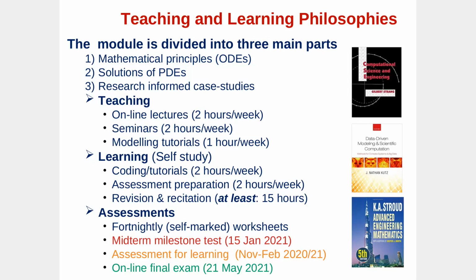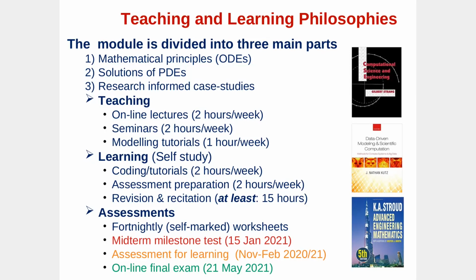Additionally, there'll be self-study, coding and tutorials will be required about 2 hours a week, assessment preparation probably about 2 hours a week, and revision and recitation for the 2 major tests, that is to say the midterm in January and the online final on the 21st of May, penciled in for the 21st of May at the moment, subject to change of course.